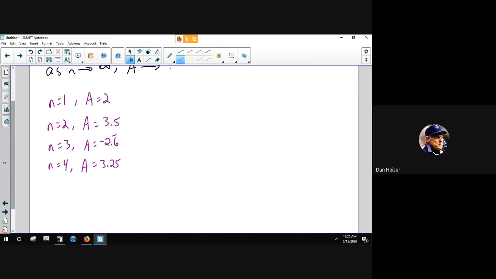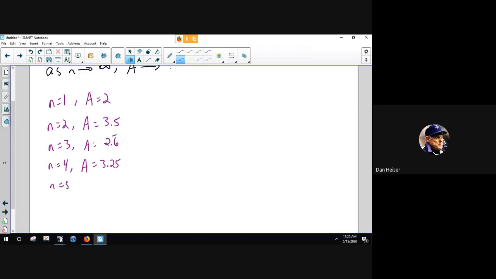And look at what our values of a are doing. Here, it's less than 3, here it's bigger than 3. Less than 3, greater than 3, although these two are closer to 3 than these two. Let's keep going a little more.